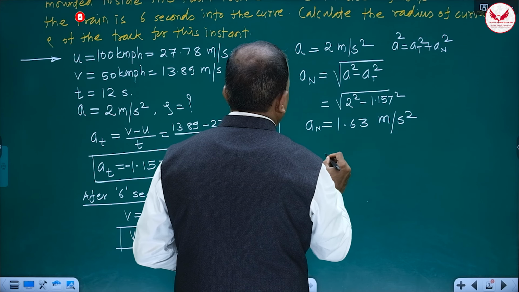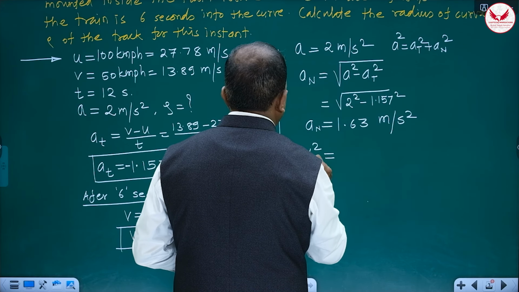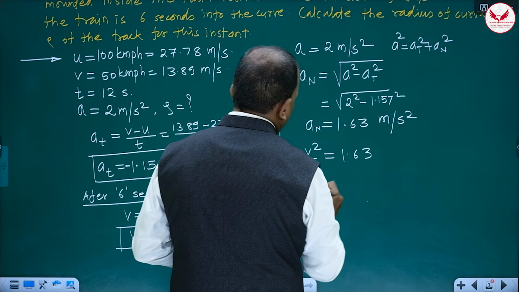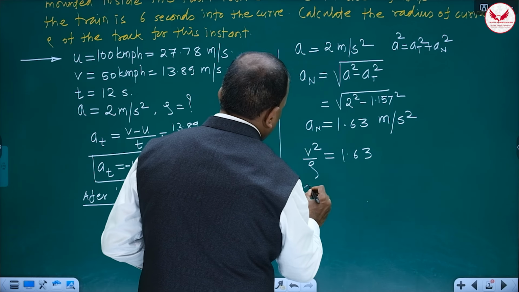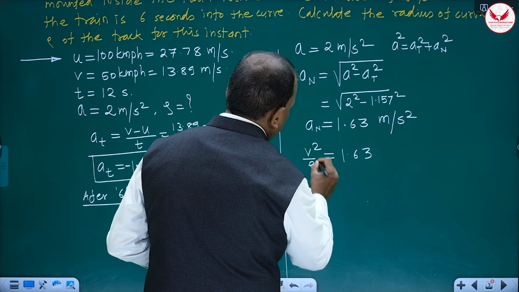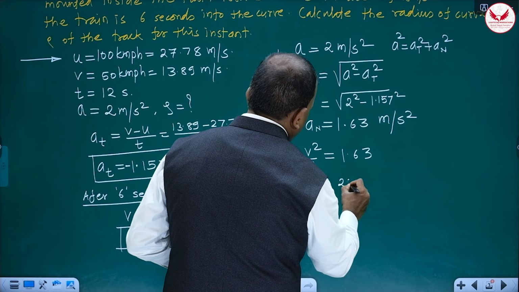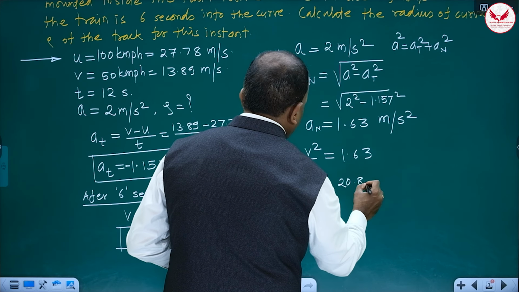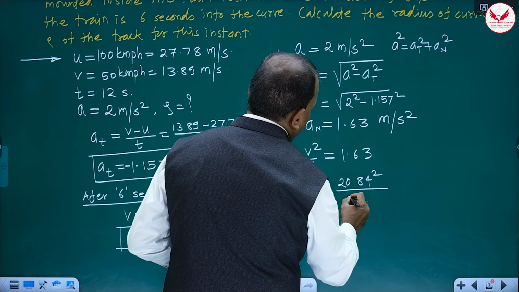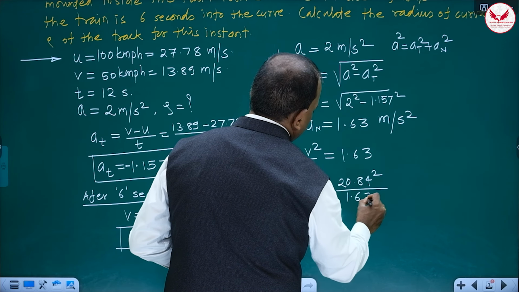And An means what? V square by rho. And it is 1.63. V is known, 20.84, so rho is equal to V square by An, that is 20.84 square divided by 1.63.